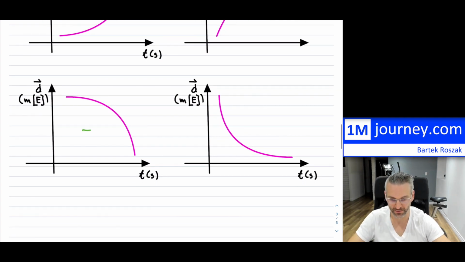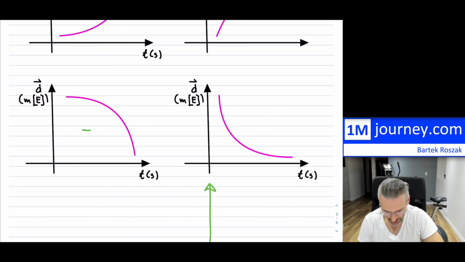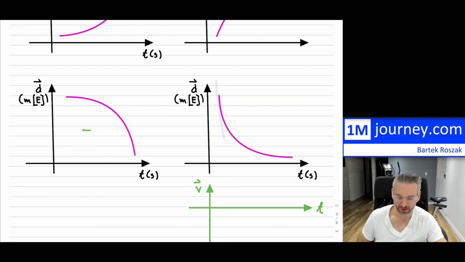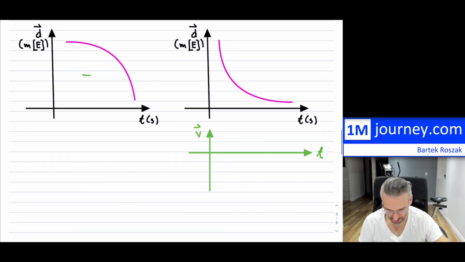If you were thinking about your velocity and you would draw out your graph, this is what you would draw. Let's say this is your velocity, going on the east side, and this is your time. Notice that your slope over here is very negative, so this is very steep.